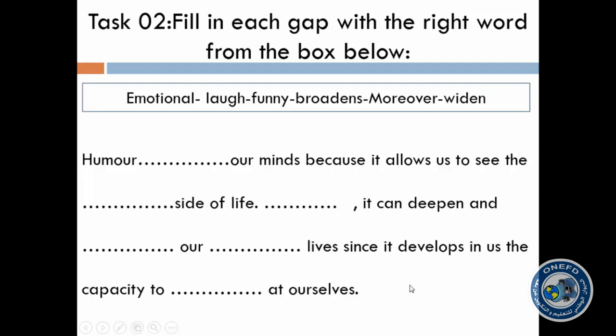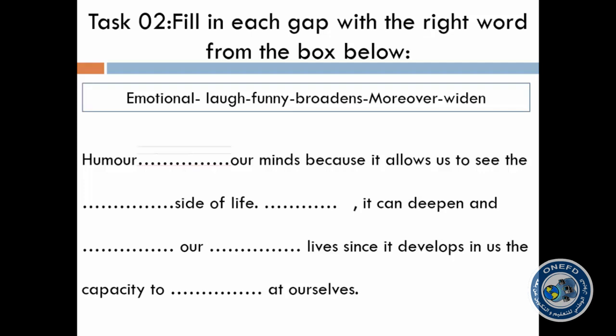So you have a little passage, and you need to fill in the blanks in order to have a meaningful and coherent passage. So feel free to pause the video and answer the task. So let's take a look at the answers by reading the passage. Humor. What does humor? Humor is a subject, and what comes after a subject? A verb.